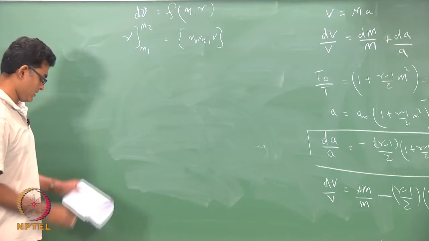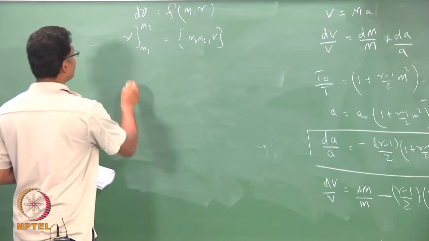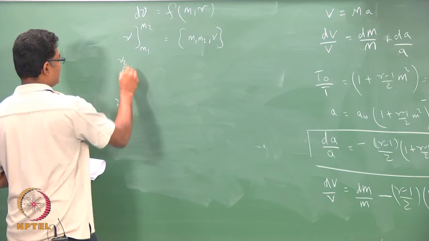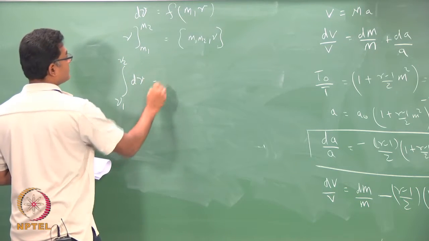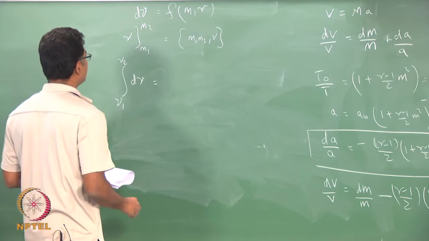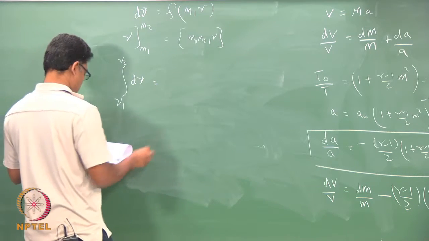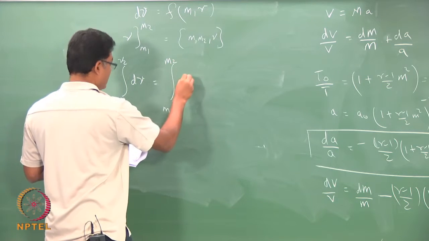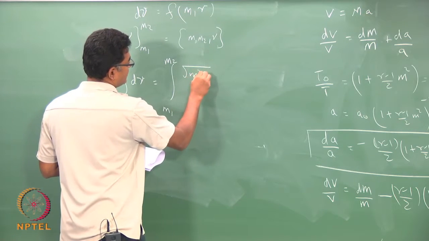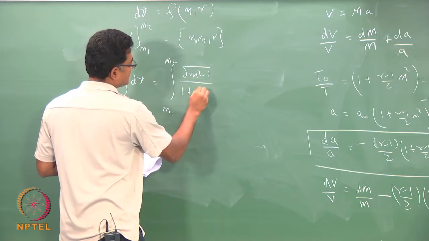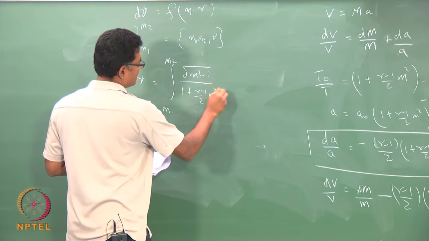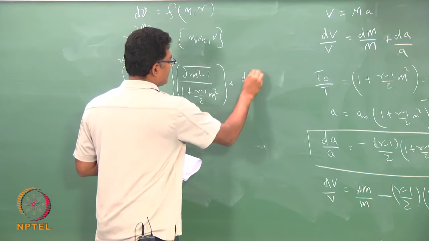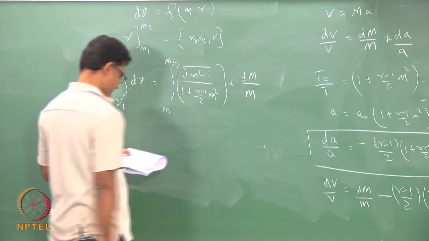That is the idea. So, if I integrate this quantity between nu 1 to nu 2, d nu is the integral from M1 to M2 of root of M square minus 1 divided by 1 plus gamma minus 1 by 2 M square into dM by M.